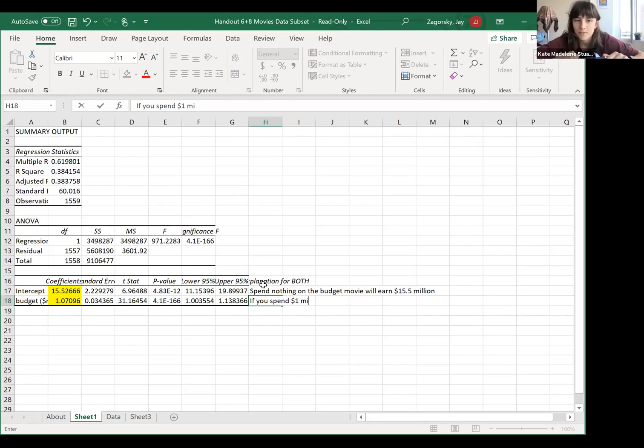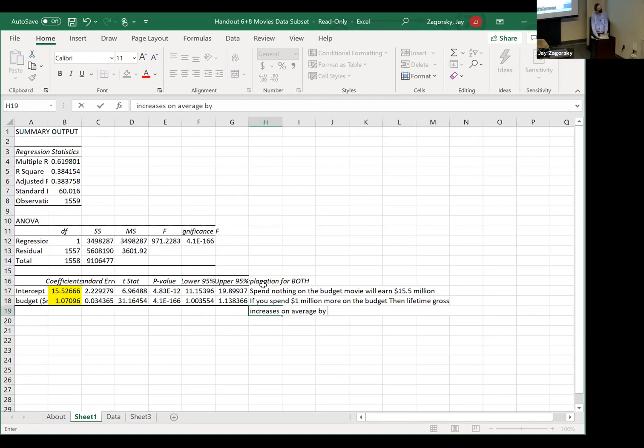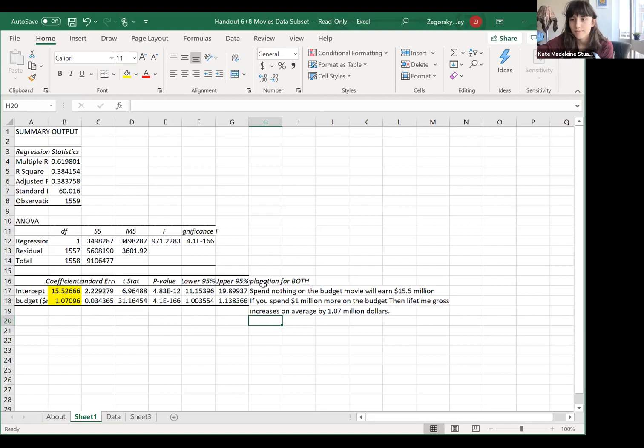If you spend 1 million more on the budget, then what happens to the gross? Lifetime gross increases on average by, what's the number? Tell us that figure you just said. 1.07. $1.07 million. Excellent. Group 3, pat yourselves on the back.